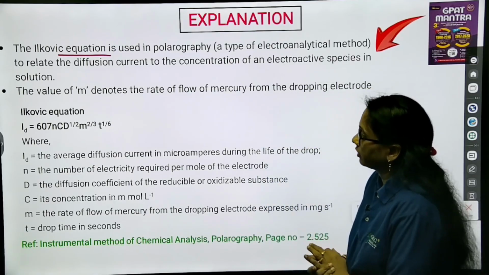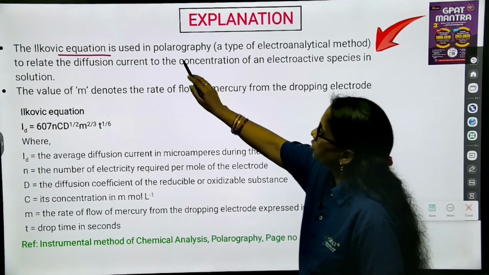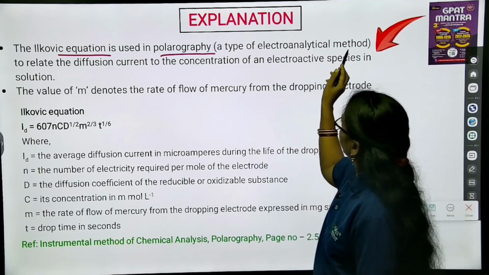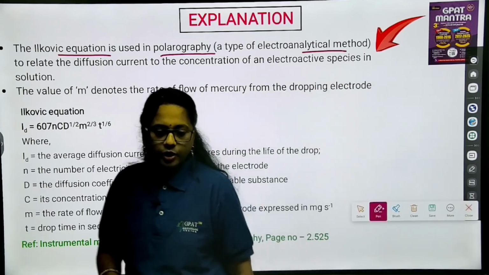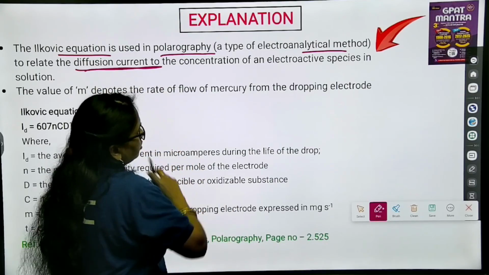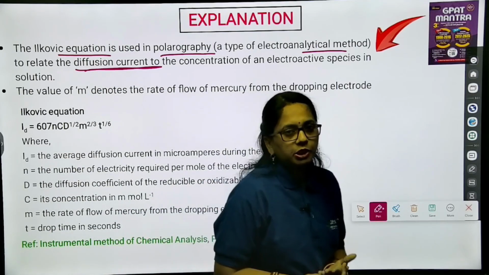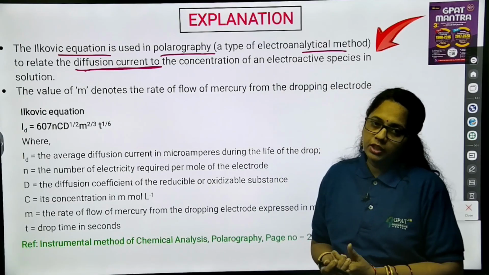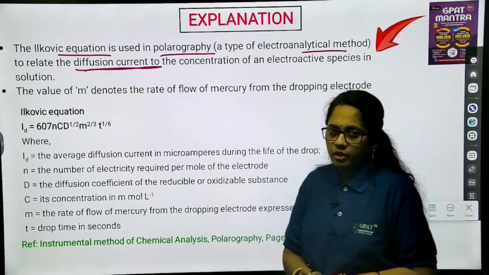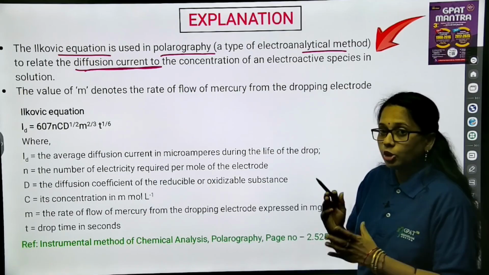The Ilkovic equation is used in polarography, one type of electroanalytical method where we estimate the diffusion current. This is directly related to the concentration of the analyte, and the concentration we can get from the Ilkovic equation.